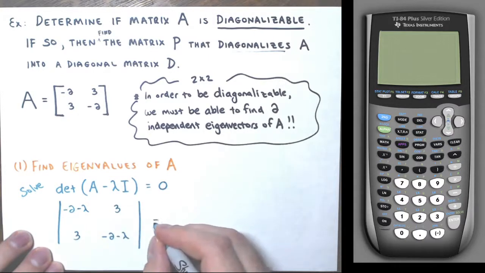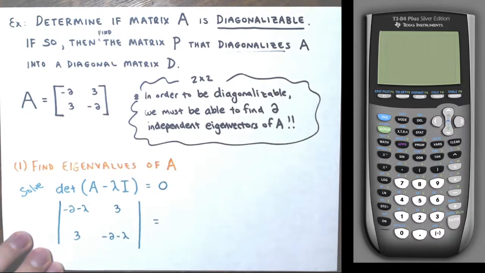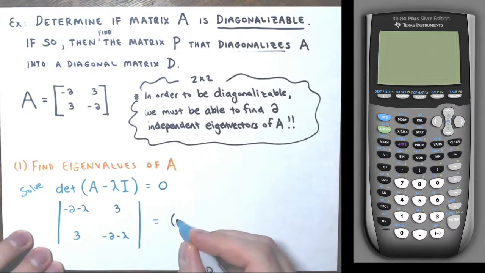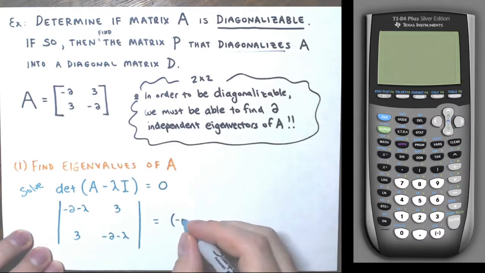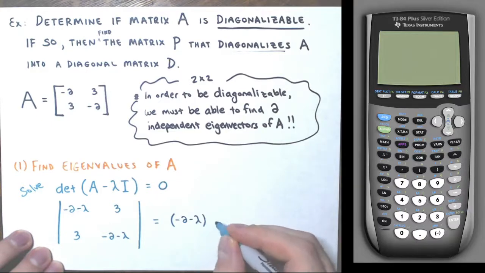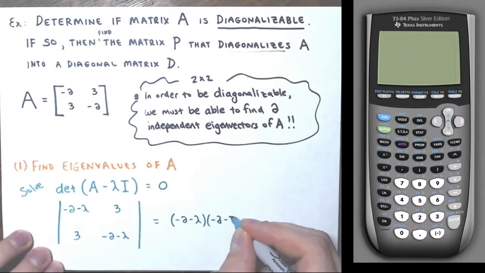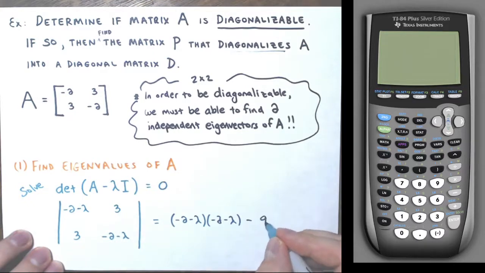All right, and let's see. This will give me what's called the characteristic polynomial, and we're going to determine when that's equal to 0. Remember, 2 by 2s are easy, just cross product minus cross product. So -2 minus lambda multiplied by -2 minus lambda, minus 3 times 3, so 9.